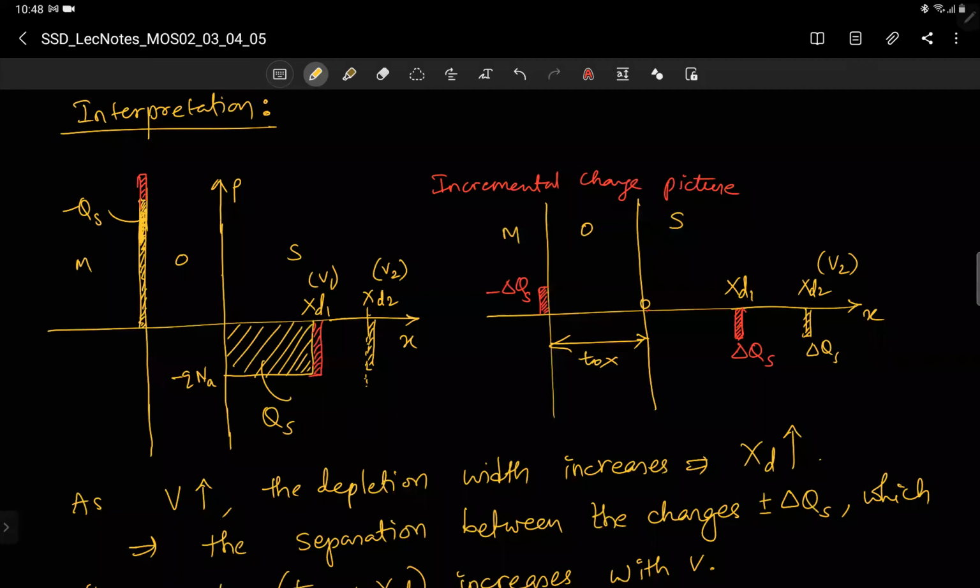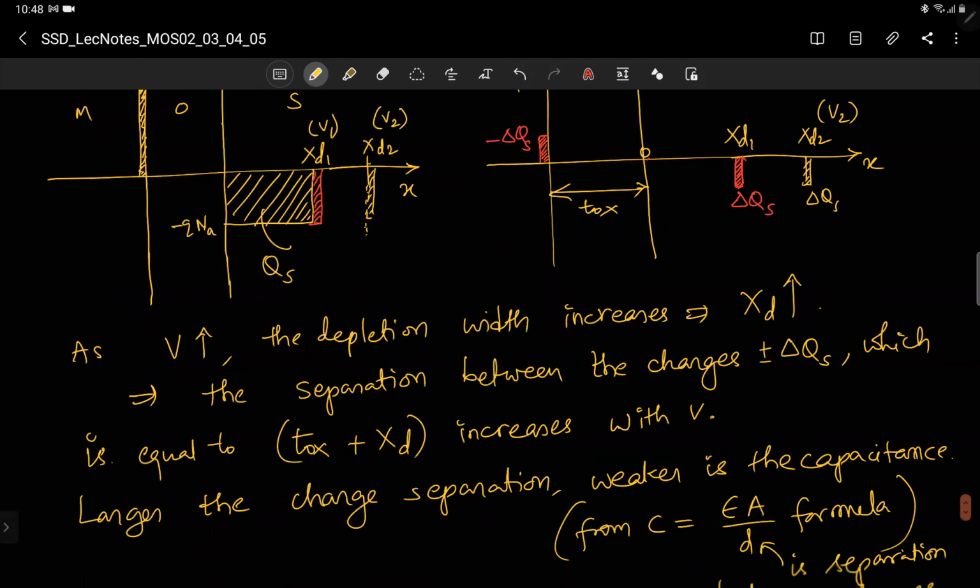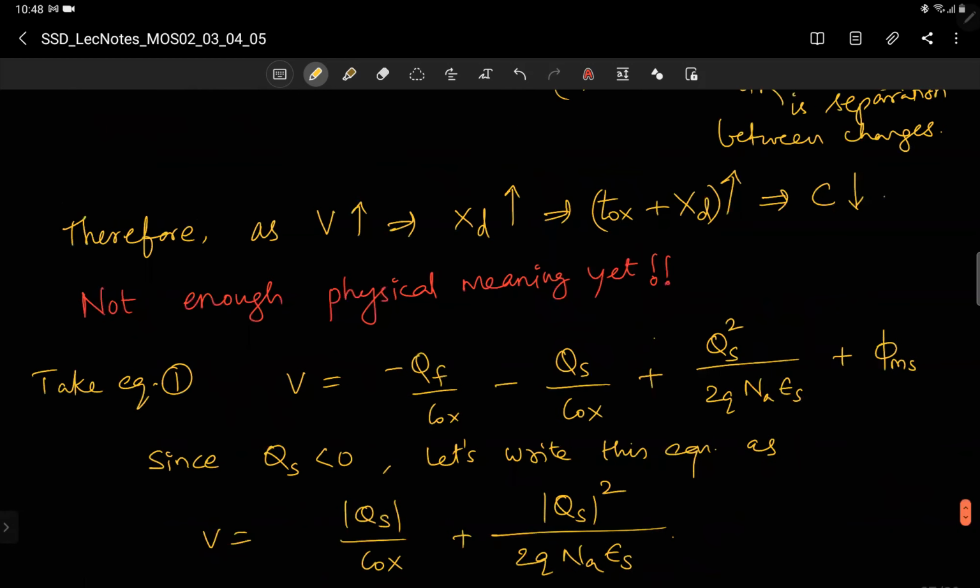So capacitance in case of V1 is larger because the separation is smaller, and capacitance at V2 is smaller because the separation between the charges is larger. This is the physical interpretation of why capacitance decreases in the depletion region of operation.